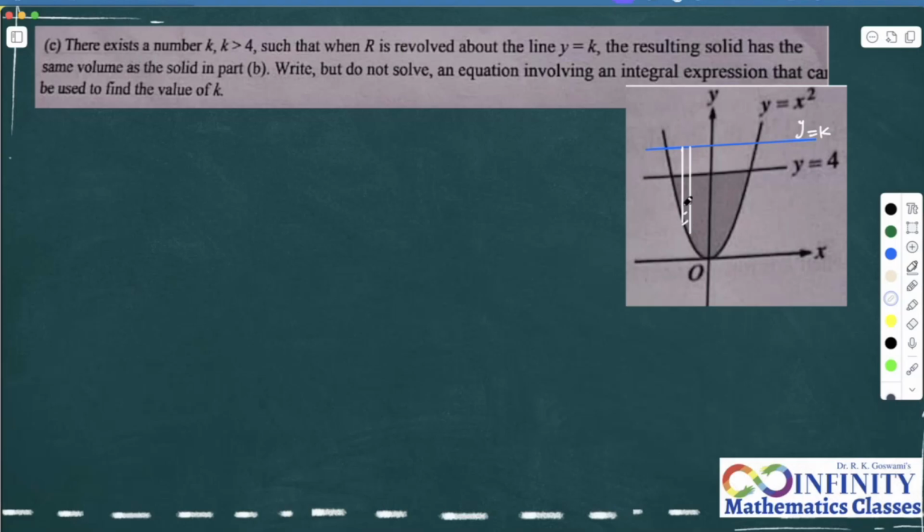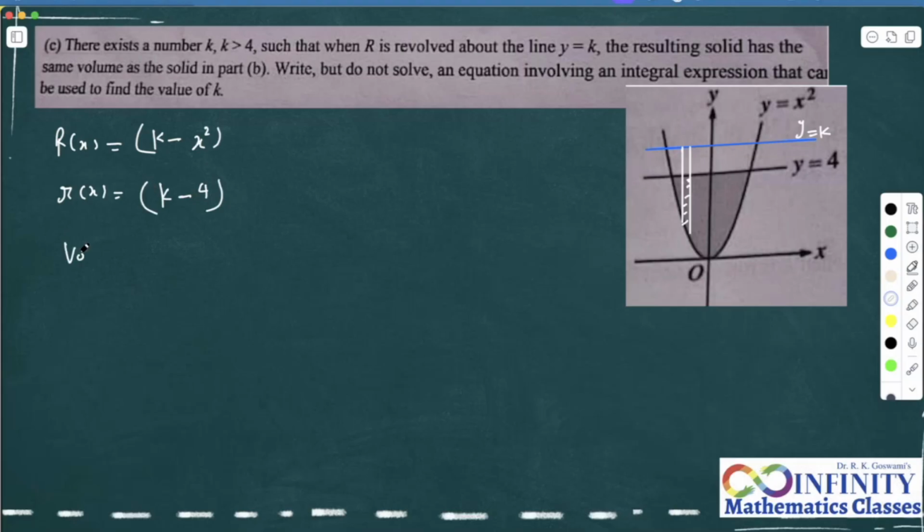Capital Rx is top minus bottom. Top is k, bottom is a parabola. Small rx is k minus, bottom is going to be 4 there.